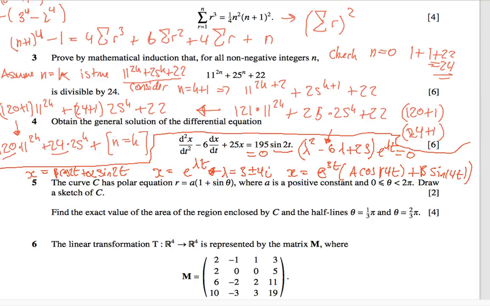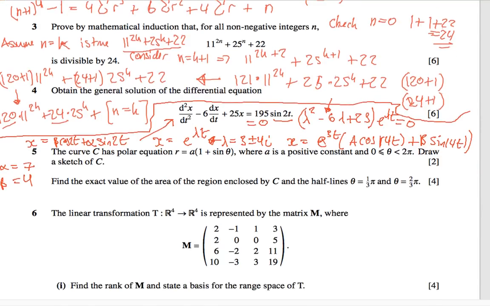So all you do is try this solution. You plug it in here, and you want to try and equate coefficients of sine 2t and cos 2t. When you actually do that, I think you get alpha equals 7, and you get beta equals 4, okay? That's what happens when you plug that in there, okay?